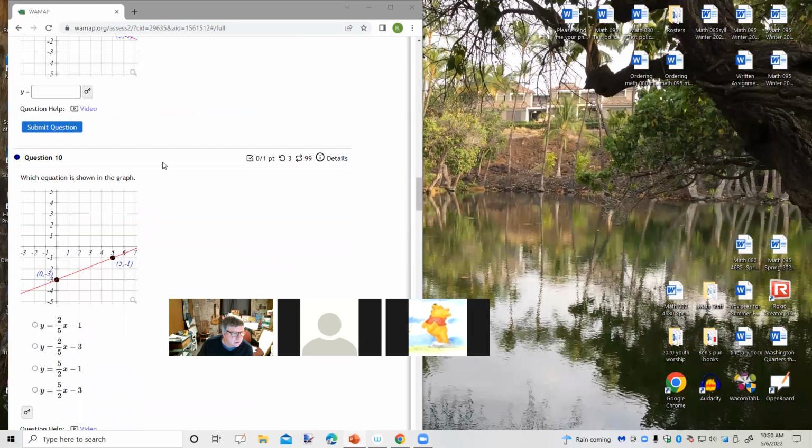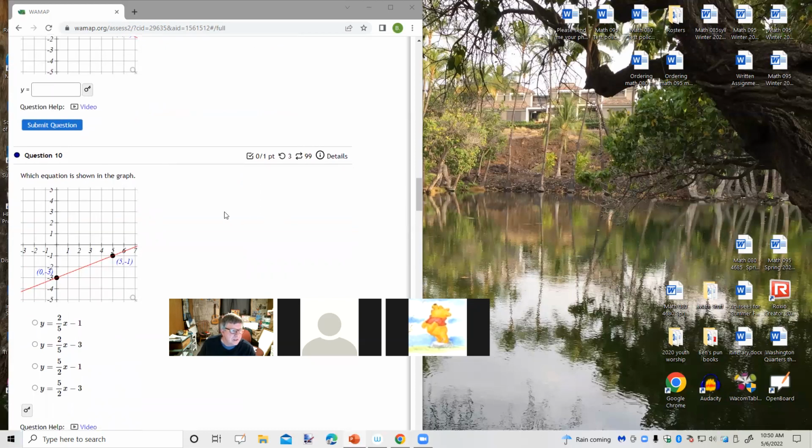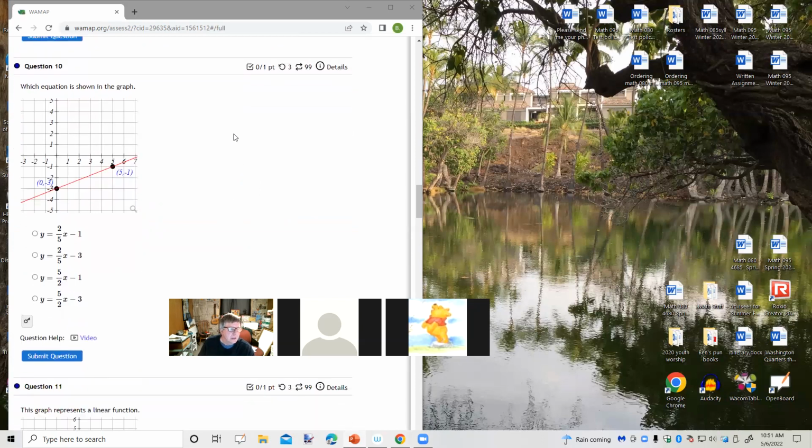All right, let's see here. Have a look and see. There's a graph. Okay. Let's take a look at number 10. Which equation is shown on the graph? Now, they've labeled this point and this point. And again, we have the two ordered pair coordinates. With that, we could plug that into the slope formula, but we can also just count.